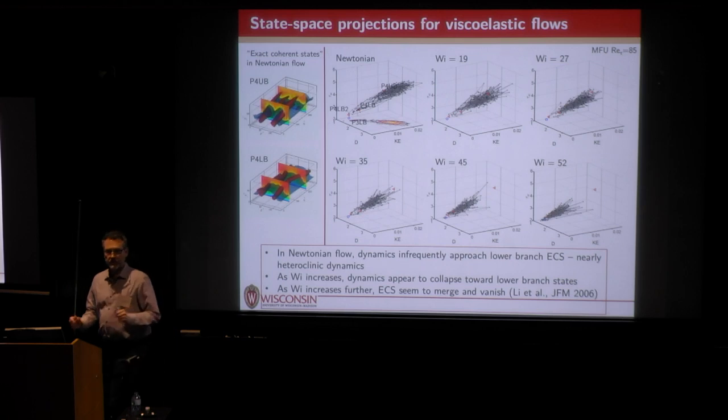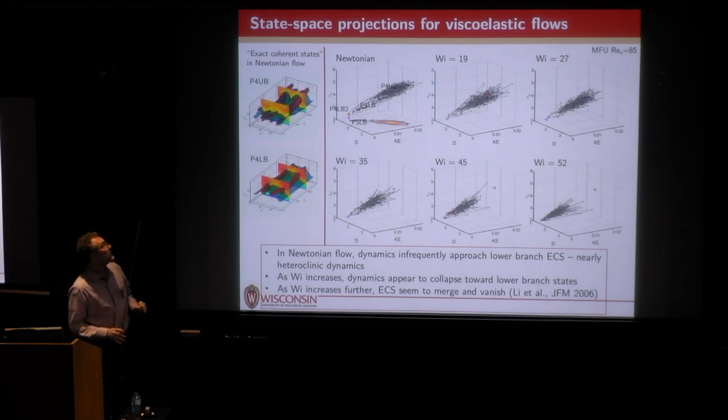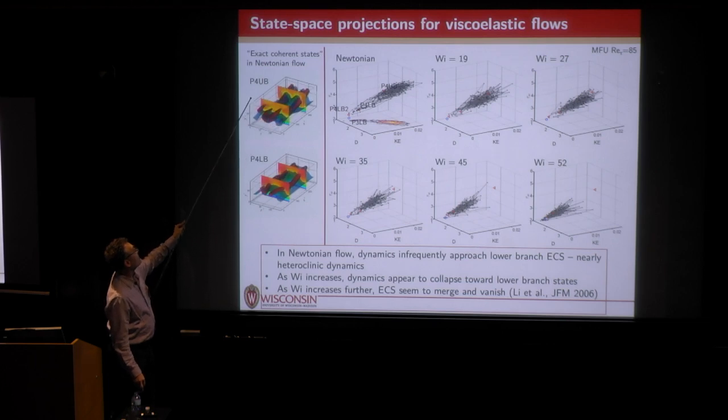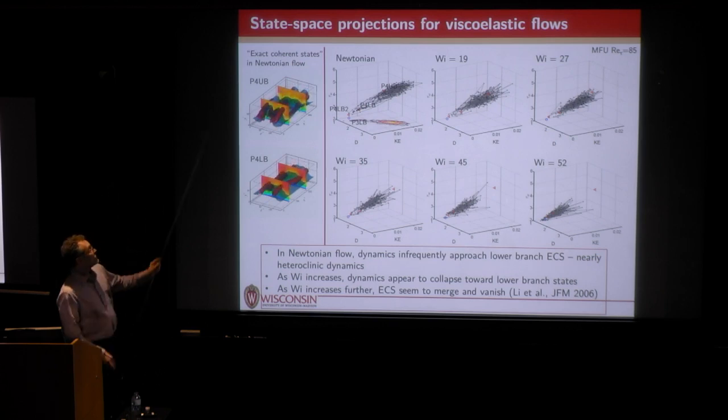They're saddle points in state space, but the turbulence essentially looks like these structures. The red here are vortex cores, and this is a particular solution. This is another solution from the same family, upper and lower branch solutions. This one is quite vigorous. This one is very weak.